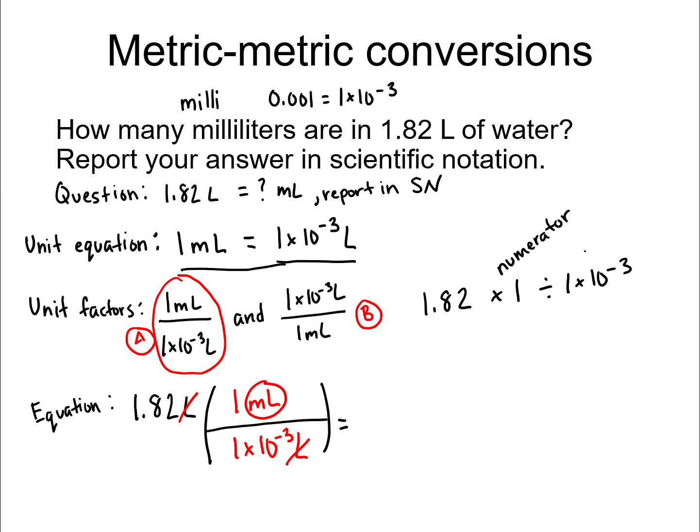When a number is in the denominator, you're dividing. Your calculator will probably tell you this, but we need to write it in scientific notation.